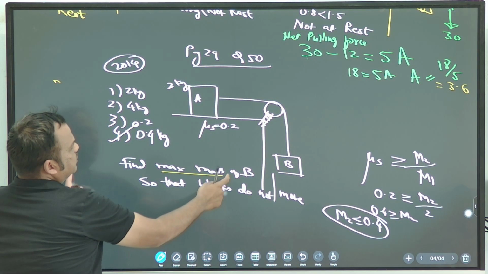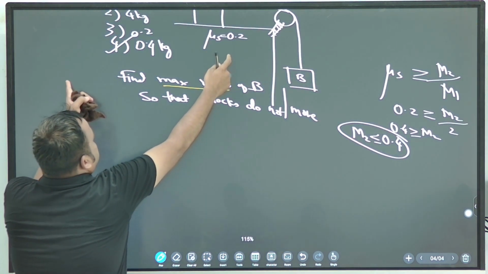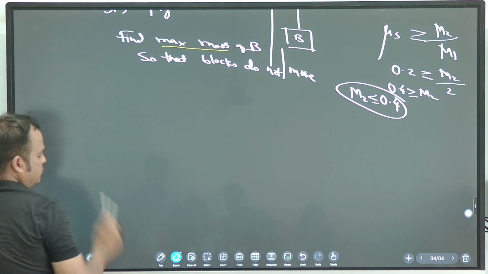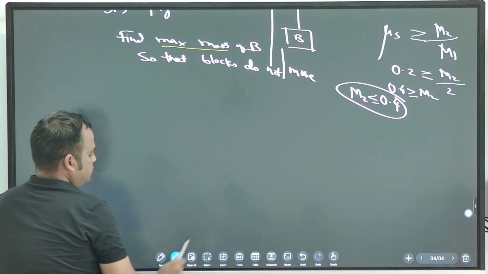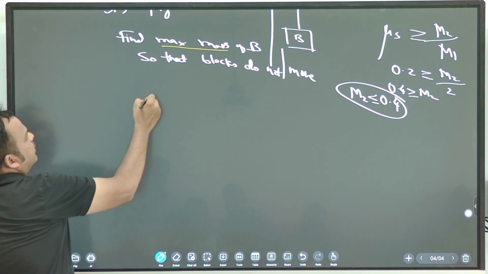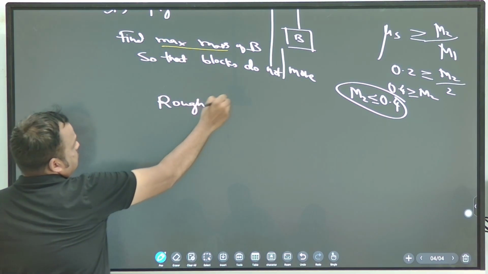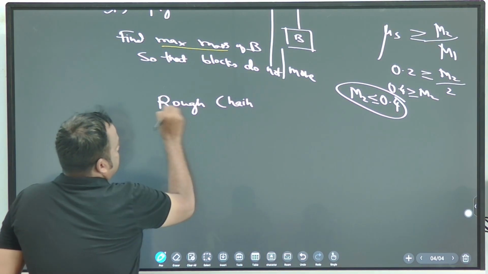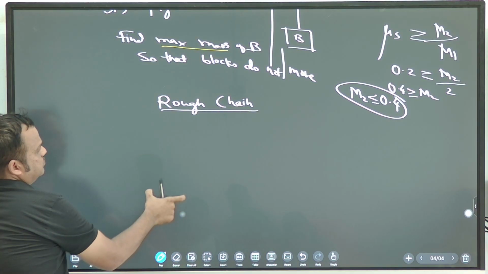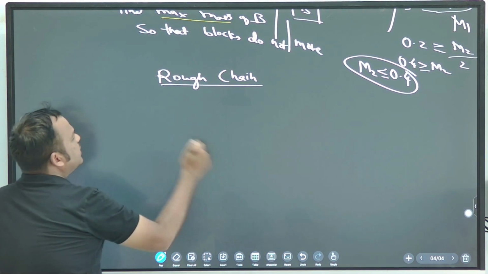Chain is there. Note down, rough chain. Part of the chain is resting, remaining part hanging.